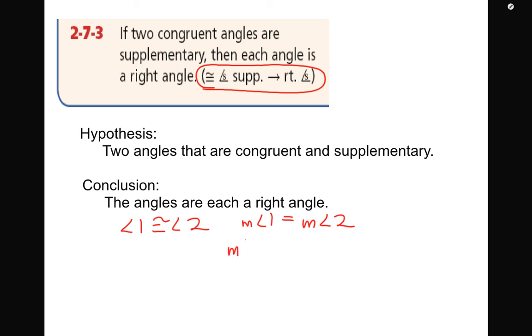Supplementary means that they would add together to be 180. So we could do a substitution here. Let's take out measure of angle 1 and put measure of angle 2 in its place. So two angle 2's would have to be 180 degrees.